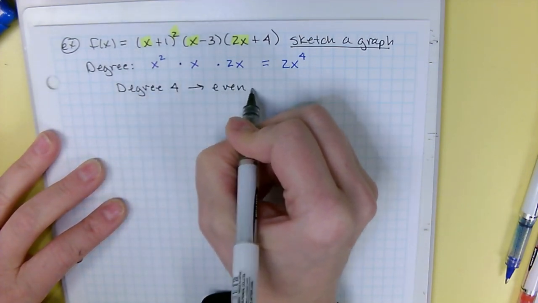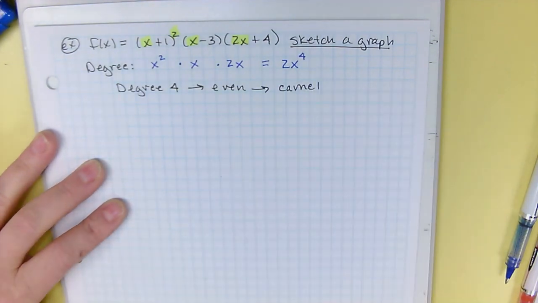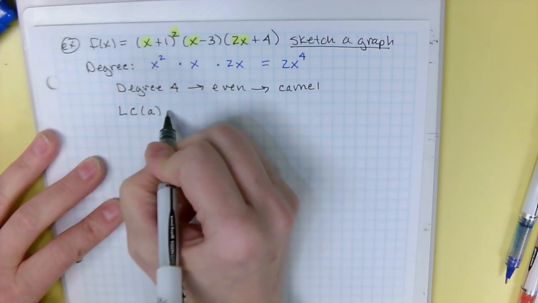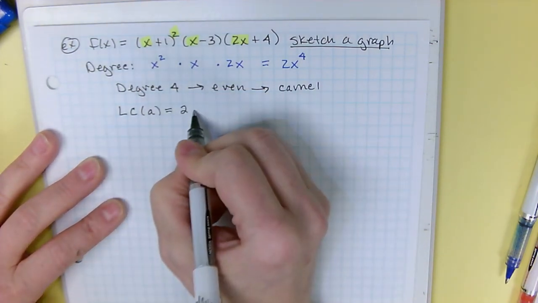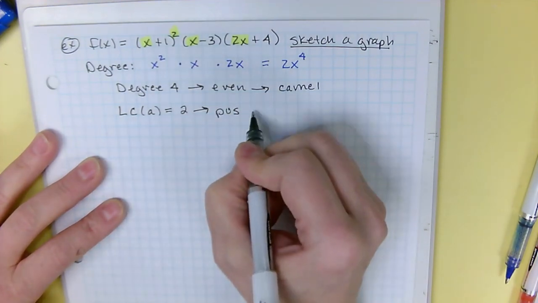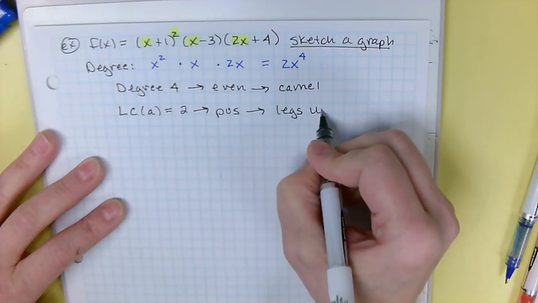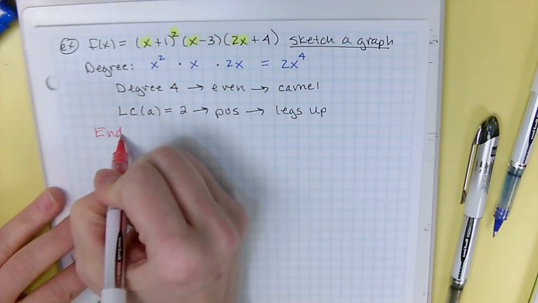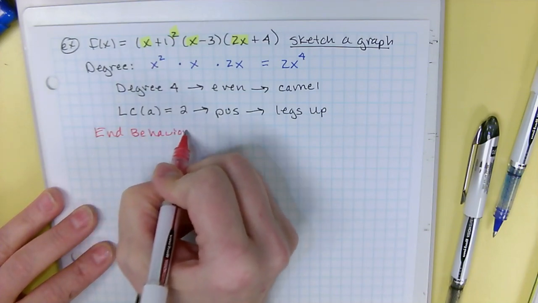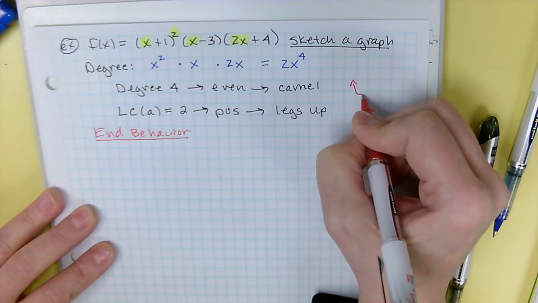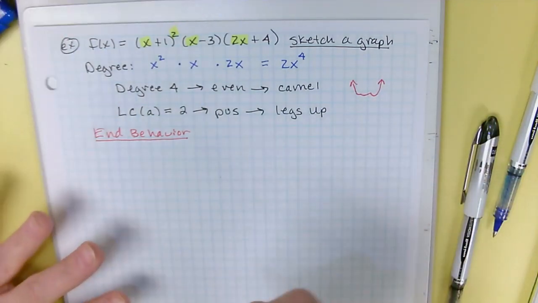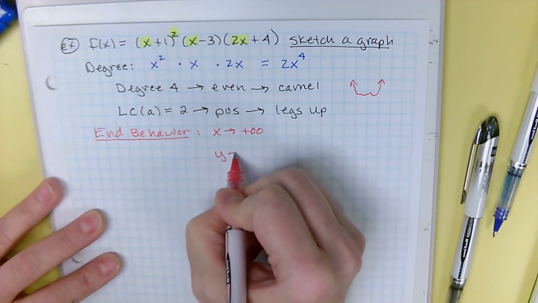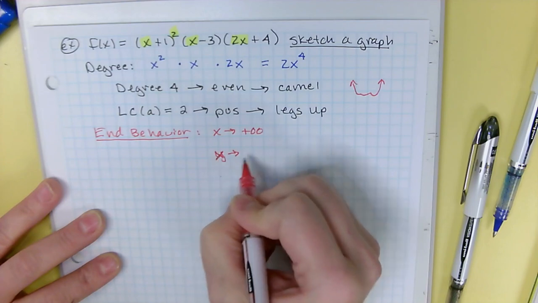Okay, so this is a degree 4, which is even, which means it is a camel graph. The leading coefficient, or the a, is a 2, which is positive, so it's a camel graph legs up. If I had to list the end behavior, remember we're thinking camel graph legs up. End behavior always starts out as x approaches positive infinity, and x approaches negative infinity.